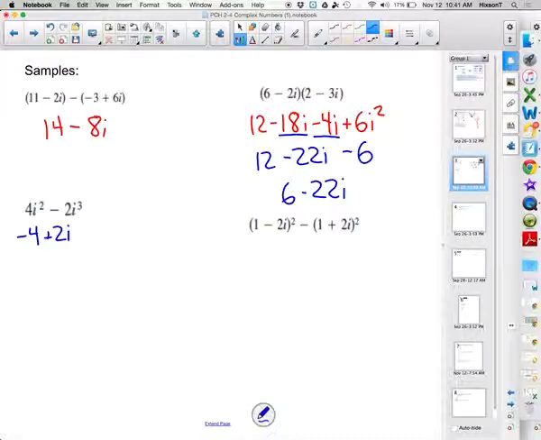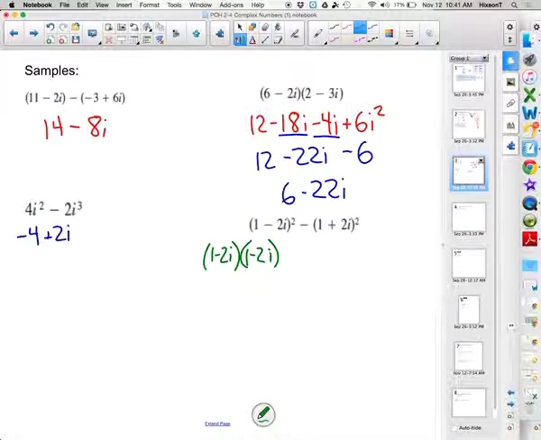All right. One last one here. Another thing where we need to treat it just like we would a polynomial situation. If I have 1 minus 2i quantities squared, what am I going to have to do with that? I've got to FOIL it. We've got to write it twice. 1 minus 2i, 1 minus 2i, and FOIL.